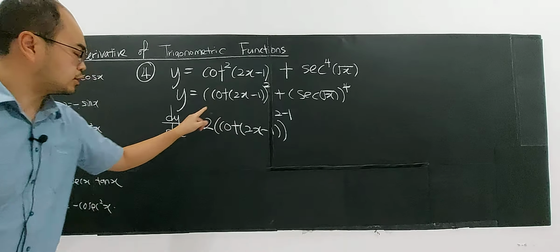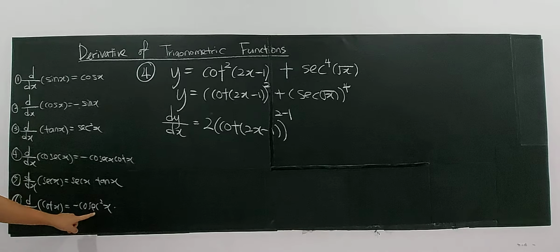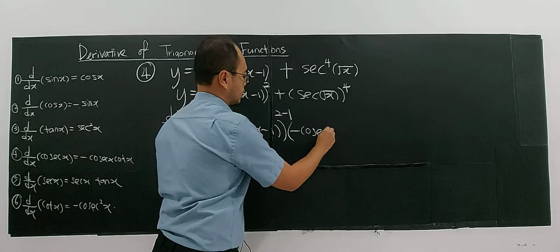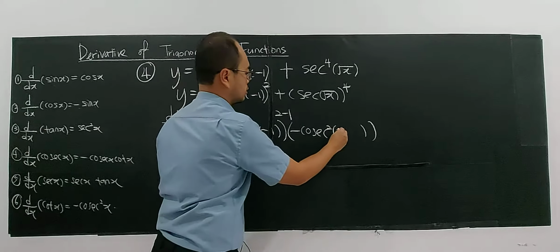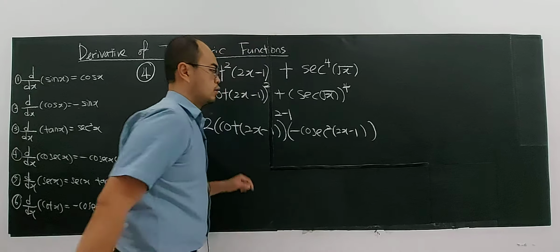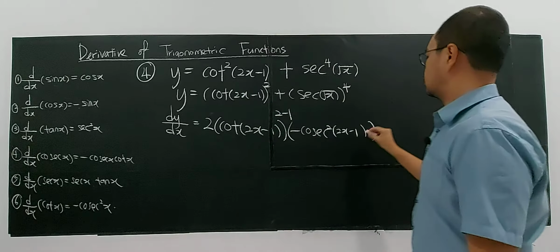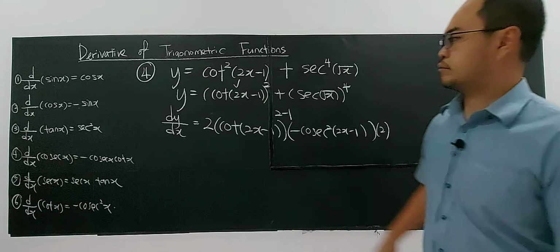Differentiate cotangent, you have negative cosecant square, right? So in another bracket, you write negative cosecant square, with the original angle, 2x minus 1. Not finished yet because you have to differentiate the angle also, so it will become 2. So I have done this part here.